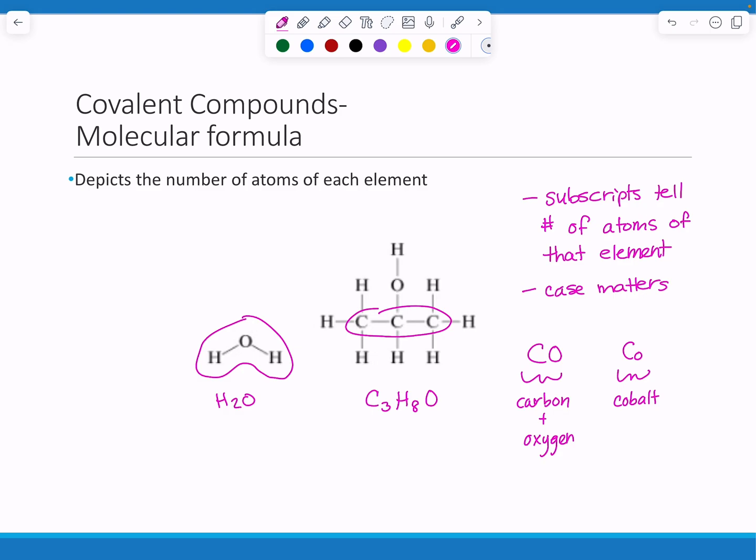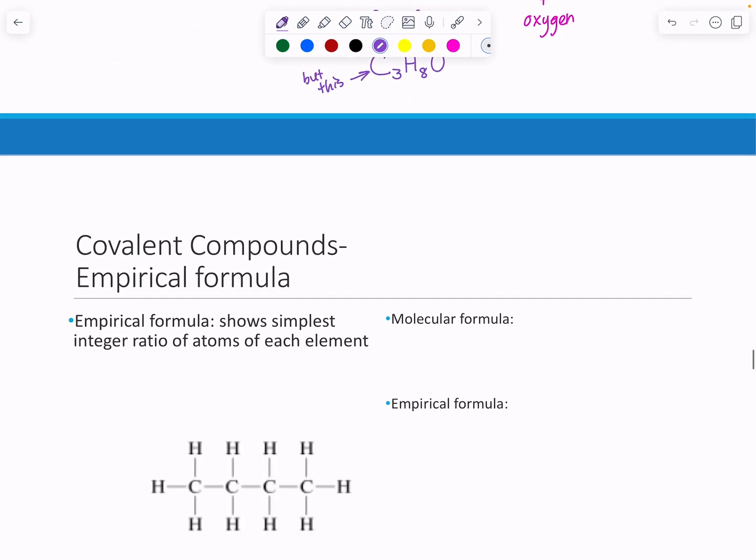Also, we don't write this as C3H8O at full size. When numbers are as large as the element symbols, they mean something different than when they are subscripted. So we write those numbers as subscripts, smaller and below the element symbol. Not this, but this.